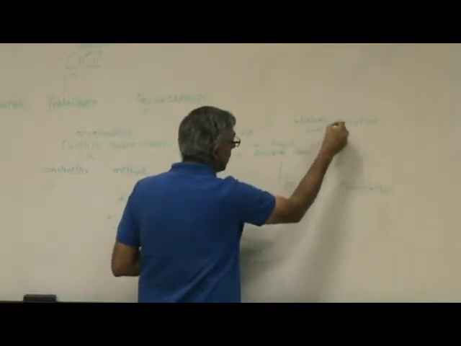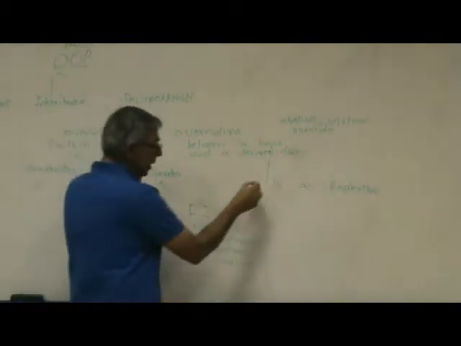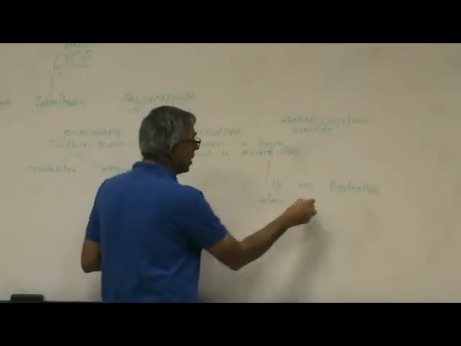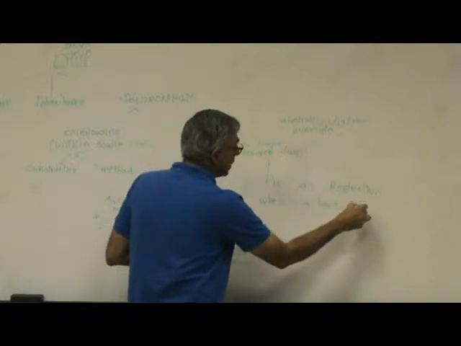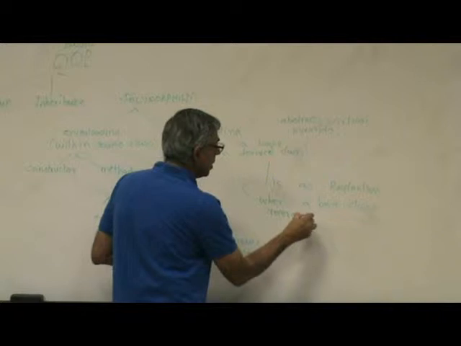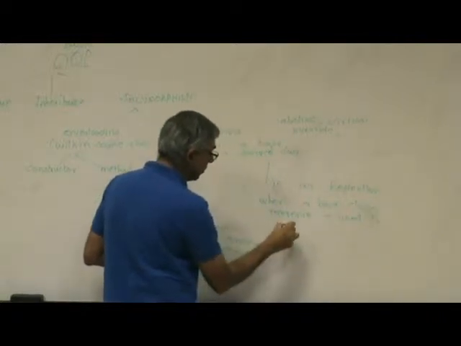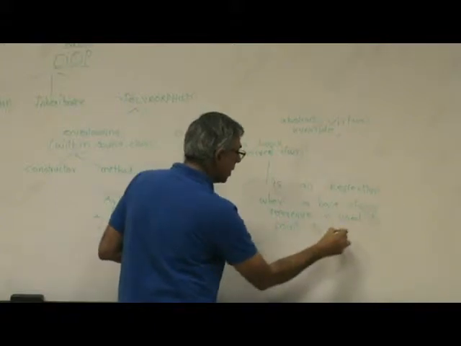So hopefully everybody understands when those are used. Okay, so is, as, reflection is used when a base class reference is used to point to a derived class object, right?